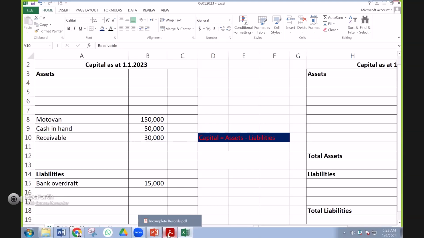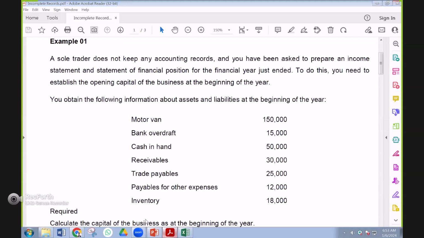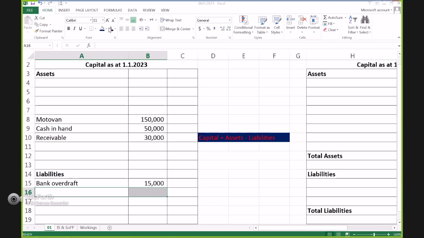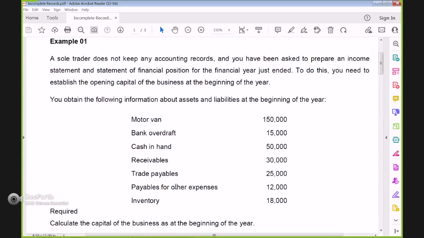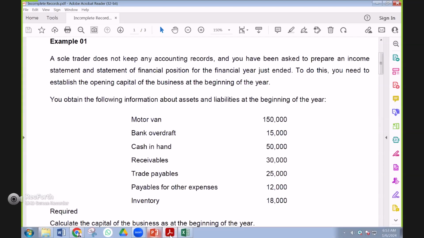Then trade payable. Trade payable is the liability, 25 crores. Payable for other expenses 12,000.